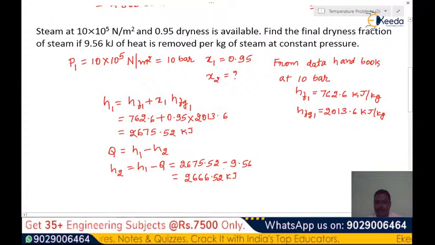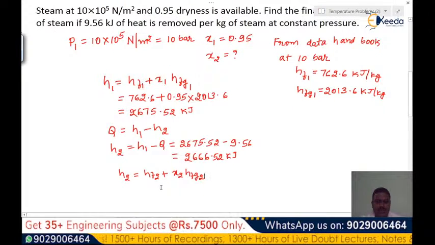When that amount of heat is removed at that constant pressure, the enthalpy of wet steam becomes this one. Then we can find out the dryness fraction using this formula, that is H2 is equal to HF2 plus X2 into HFG2. Here, what are the values of HF2 and HFG2?